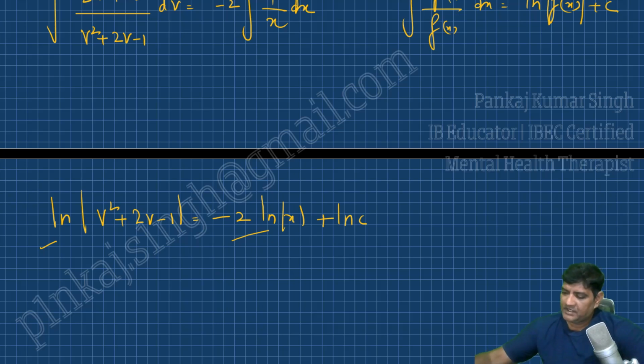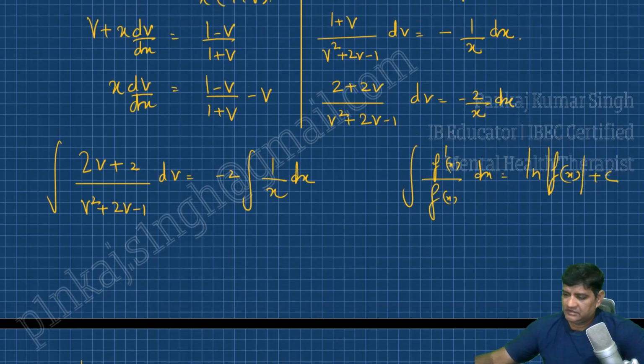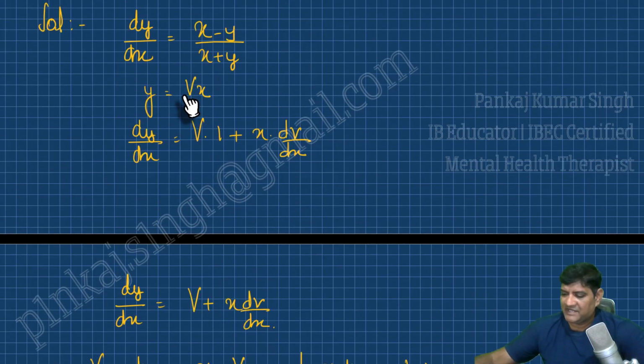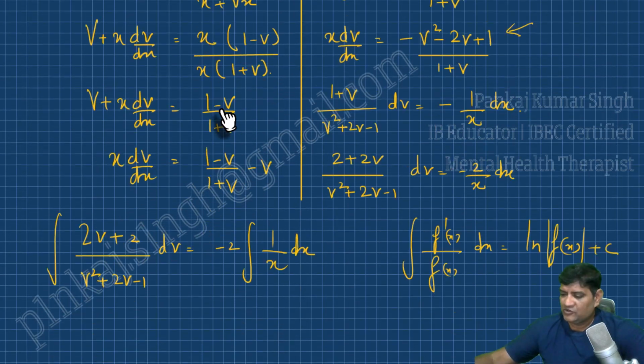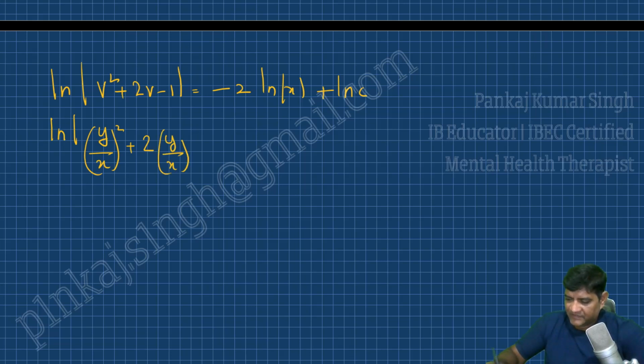Okay. Now what? Further, I can write this as ln of v, from the substitution itself, v is going to be y by x. Okay, so I'm going to be going back and substituting v as y over x. So this is y over x the whole square plus 2 times y over x minus 1.